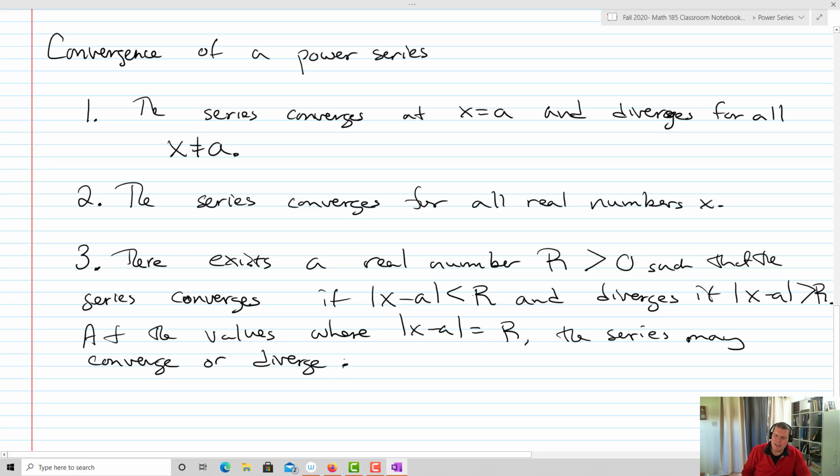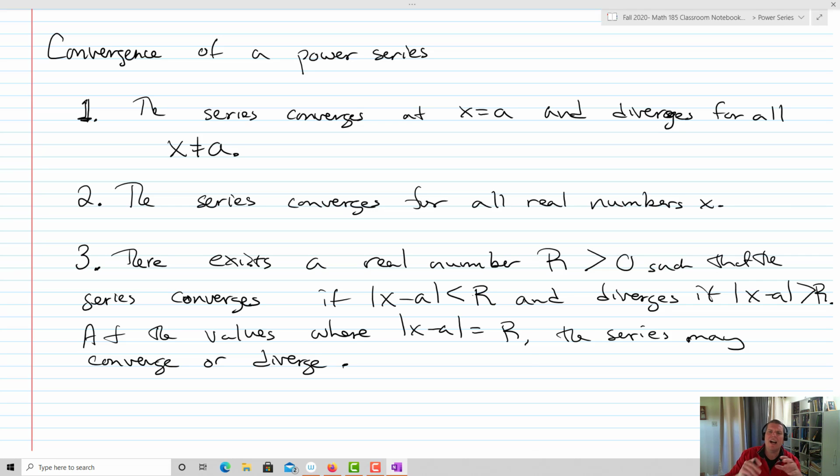So there's going to be some really important questions or conversations here. On the one hand, we're going to have either the series converges only when x equals a, right on top of the center, or we'll have a convergent series for all real numbers x, or we're going to have this thing that we call a radius of convergence or an interval of convergence.